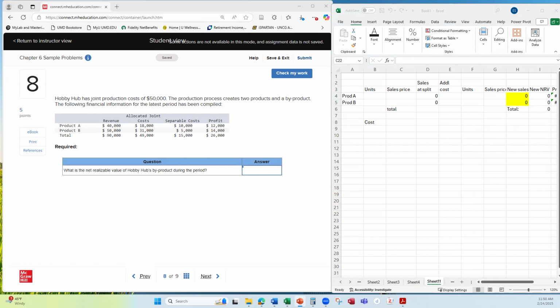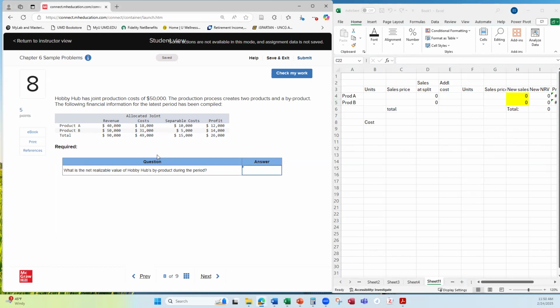So in this example, it looks like $49,000 of the $50,000 of joint production costs are being assigned out to our main products, leaving $1,000 that is being assigned to the byproducts.